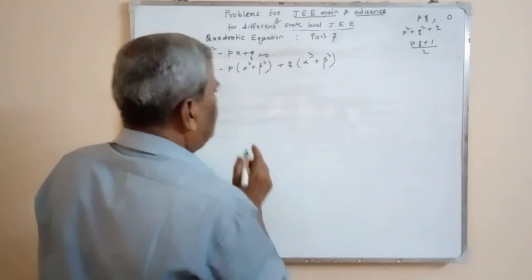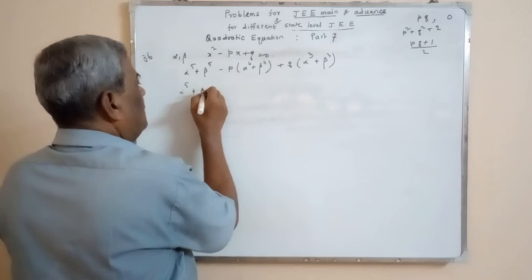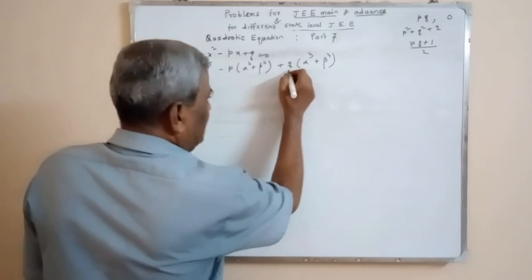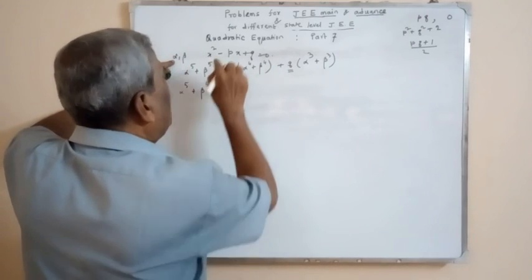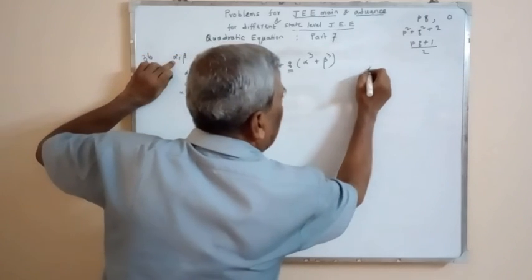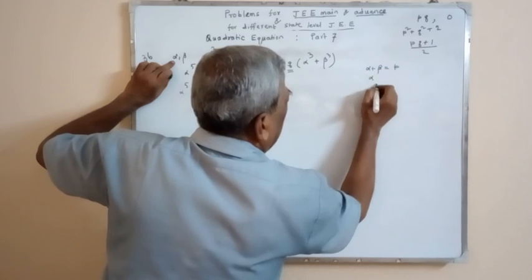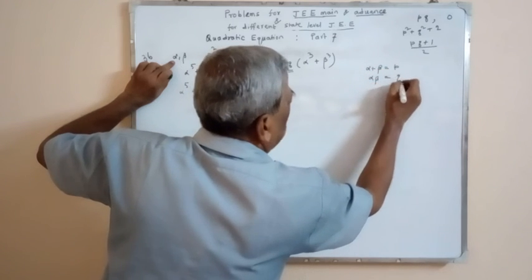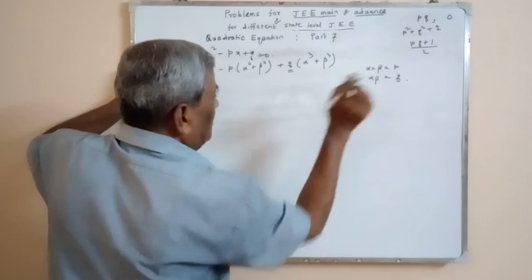This can be written as alpha to the power 5 plus beta to the power 5. And, alpha, beta are roots of that. Therefore, alpha plus beta is equal to p, alpha into beta is equal to q. Now put these values of p and q in terms of alpha and beta.